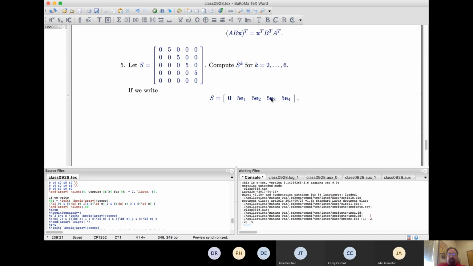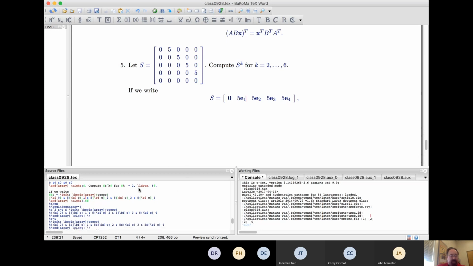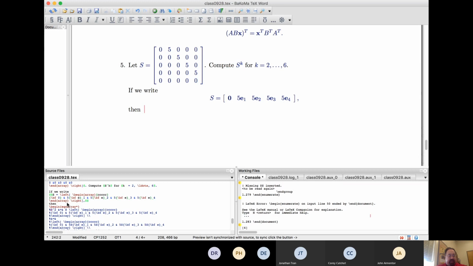So E1, E2, E3, E4, those are the first 4 columns of identity. So I'm just multiplying them all by 5 and stacking them, stacking a 0 vector to its left. So now that this matrix is described in terms of these columns of identity, that will make it a lot easier to carry out exponentiation. So I'll show you what I mean in computing S squared.